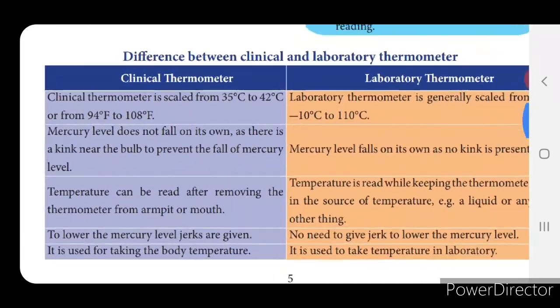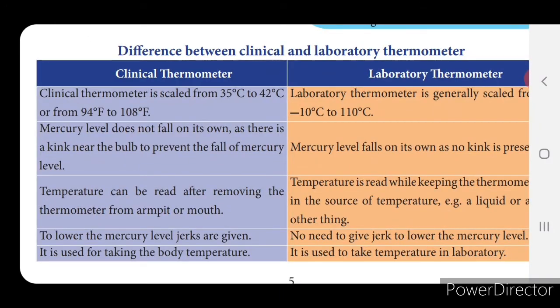A clinical thermometer is scaled from 35 degrees centigrade to 42 degrees centigrade, or from 94 degrees Fahrenheit to 108 degrees Fahrenheit. The laboratory thermometer differs in the range given, minus 10 degrees to 110 degrees centigrade. A clinical thermometer has a kink near the bulb to prevent the fall of the mercury level, but the laboratory thermometer has no kink.